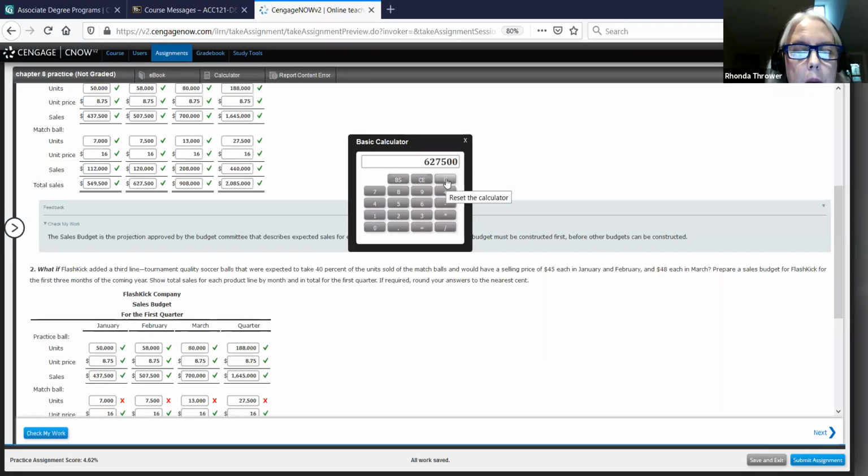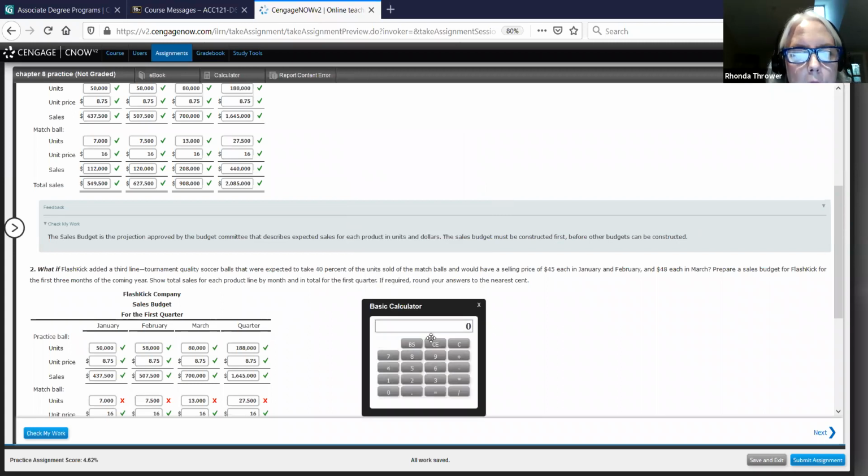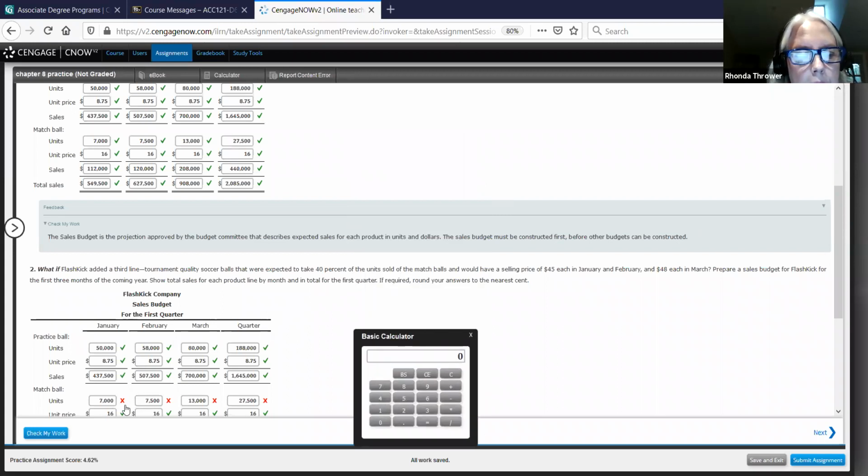So probably an easy way to look at this is that the remaining 60% is the number of units that would be left of the match balls. So yes, they started with 7,000, but they took 40% of them to make those other tournament soccer balls. So we're going to multiply this by 60%, and that will give you 4,200.